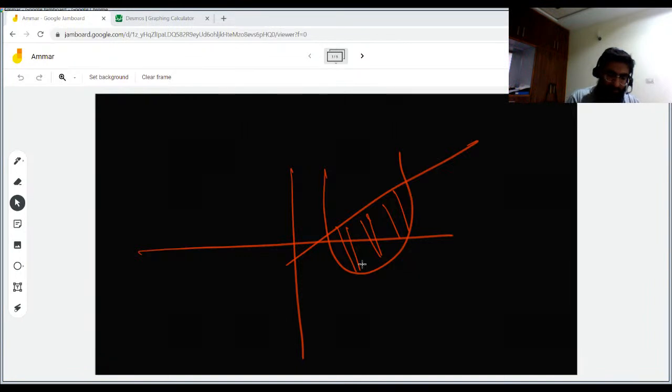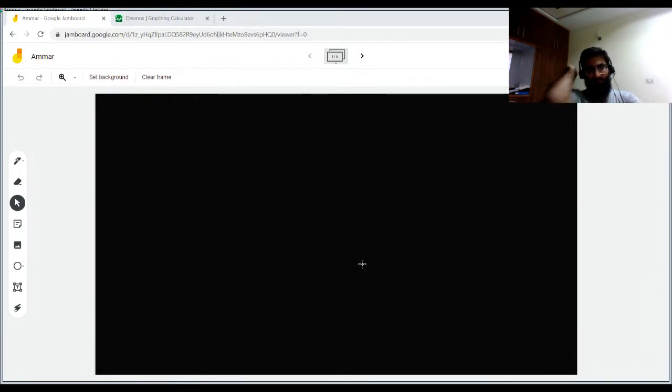All right, now let's look at a mod graph, a straight line graph, and deal with inequalities.